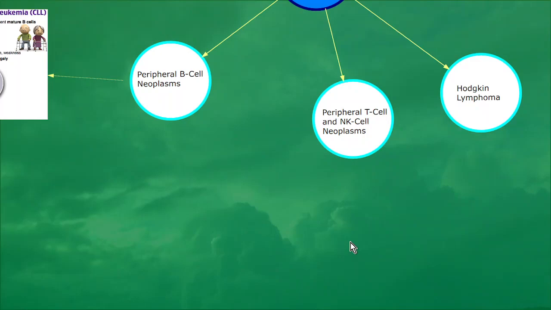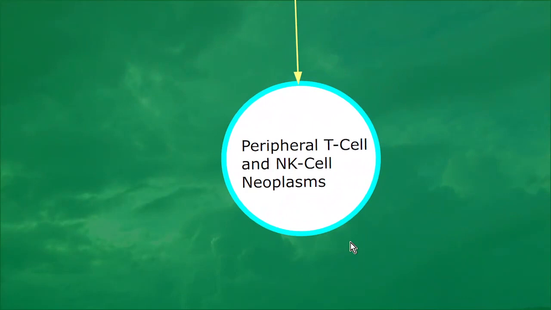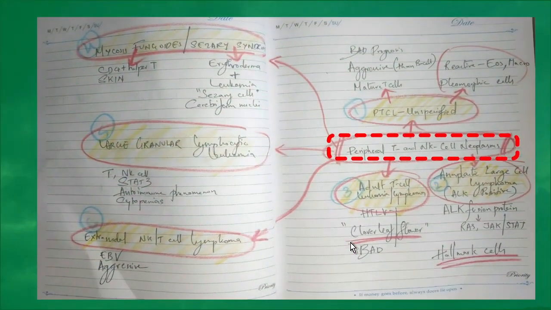Now that we've gone through peripheral B cell neoplasms, we'll shift our attention to peripheral T and NK cell neoplasms. Peripheral T cell neoplasms are generally more aggressive and have worse prognosis than even DLBCL.